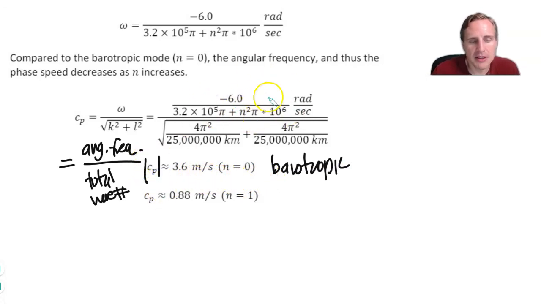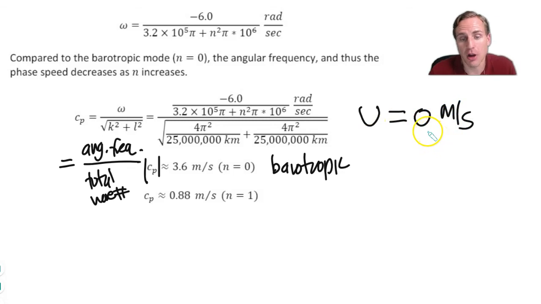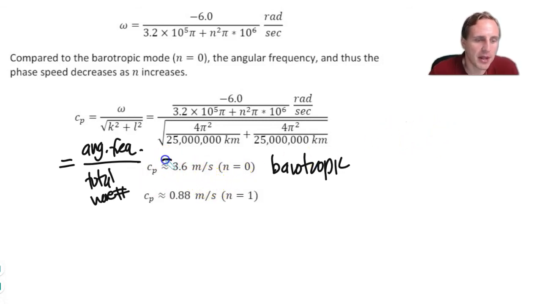Clearly this entire thing would be negative, since Rossby waves propagate westward in the absence of background horizontal geostrophic velocity. If capital U equals 0, which we assumed much earlier in the problem, then the phase speed would actually be negative. This would propagate towards the west, in the negative x direction. But we're just looking at magnitude here, so it's about 3.6 meters per second.